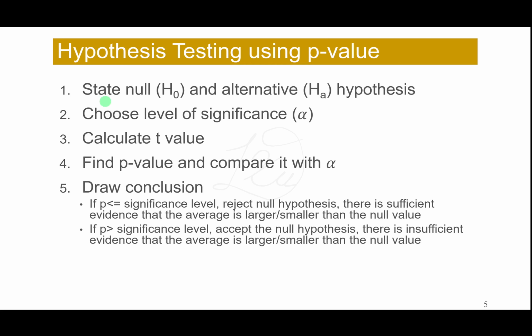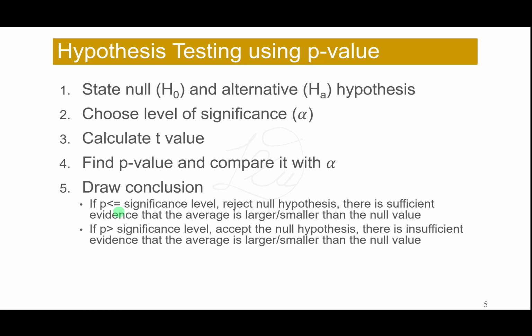The first step is to state the null and alternative hypothesis. The second step is to choose the level of significance, most of the time 0.05. Then we will calculate the t-value, find the p-value corresponding to the t-value, and compare it with the significance level. And lastly, we will draw the conclusion.